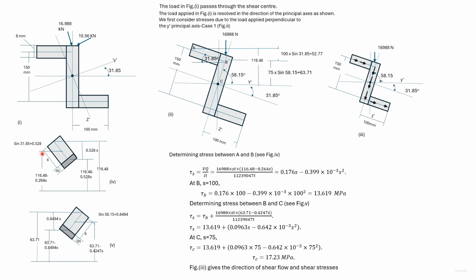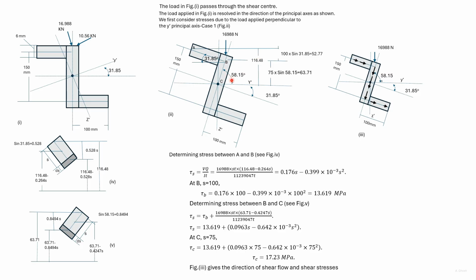So let the length of this portion be S. Then this angle is 31.85 and this distance is sine 31.85 into S, which is 0.528 S.